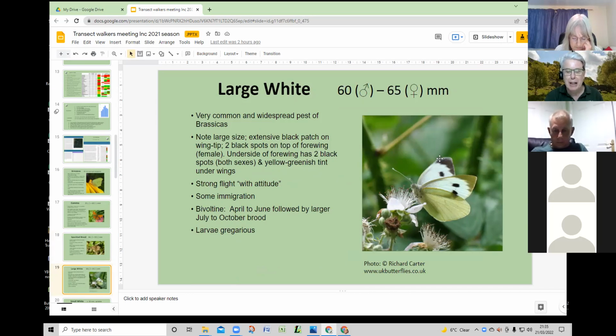The other characteristic is that the black is very black, and it wraps around the edge of the wing. So the point wraps around both sides and is quite broad and definitely black. And then you have the size and the attitude, the speed of it.